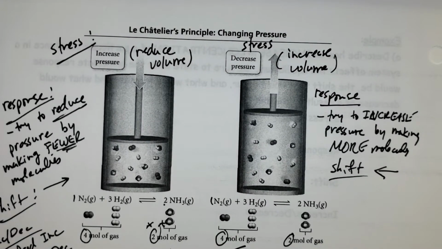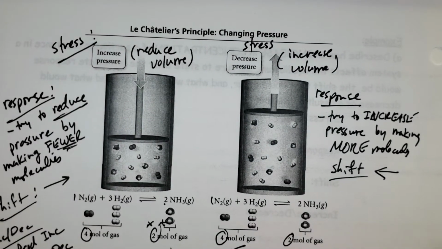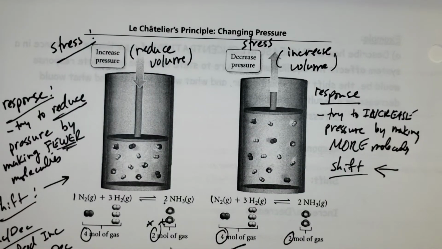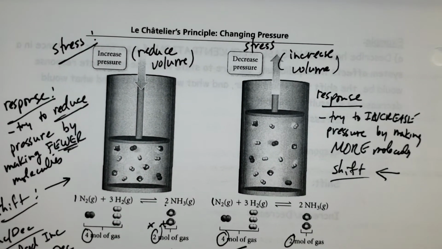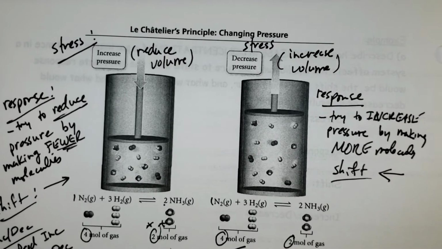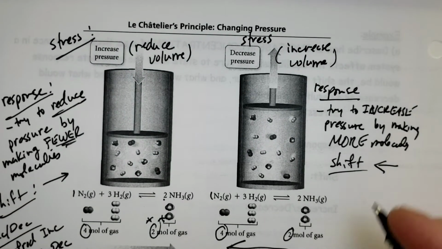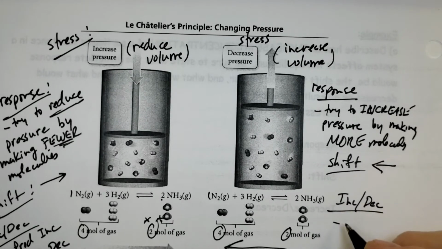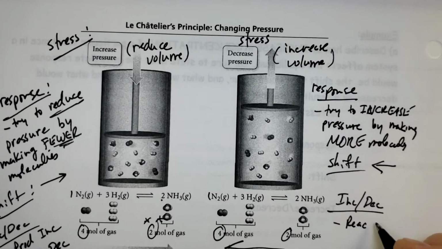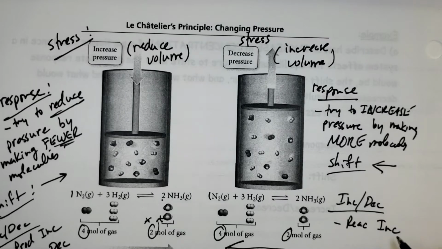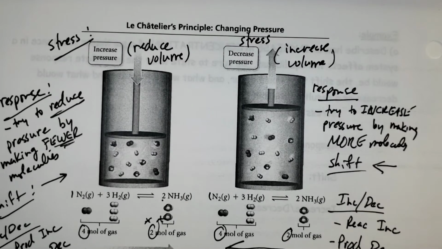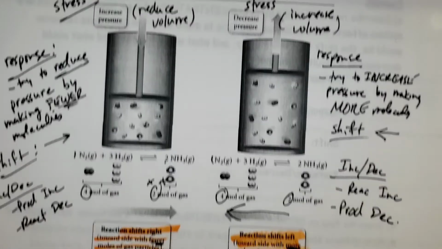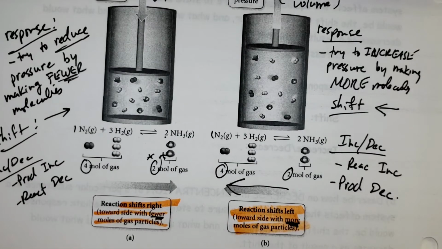So it's going to shift to the left toward the side with more gas molecules versus here in which we had fewer. So in this case, reactants increase and products decrease. Okay, so that's how gas molecules work.